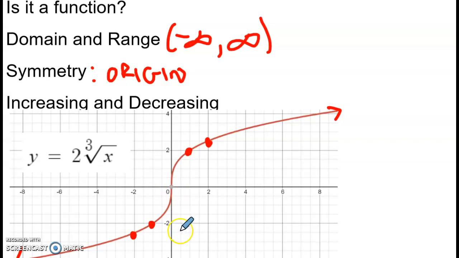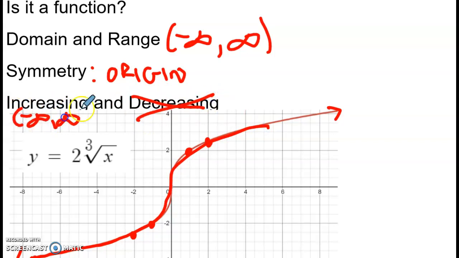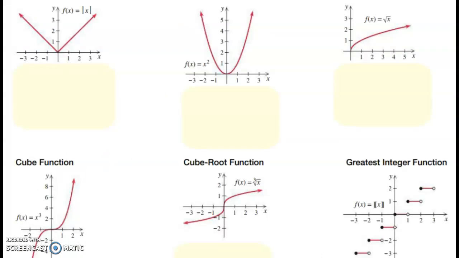Where is it increasing and where is it decreasing? Let's see, I'm going up, I'm going up, I'm going up. It's never decreasing. It's increasing always. Okay? Decreasing never. Increasing from -infinity to infinity.